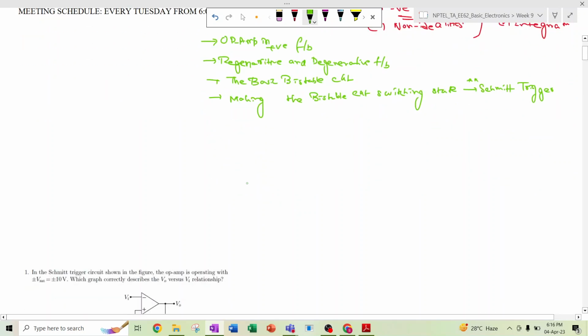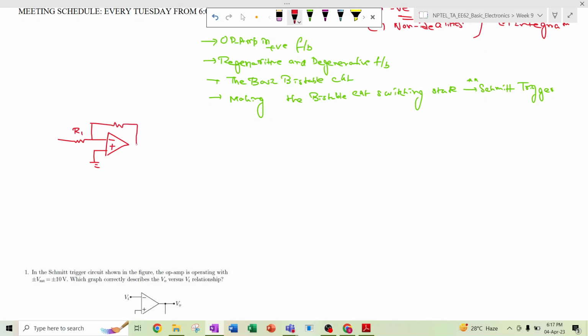At first I will discuss degenerative feedback and non-degenerative feedback. Suppose this is a basic op-amp circuit where we have input resistance R1, and this is the feedback resistance, which is RF, and this is the VO.